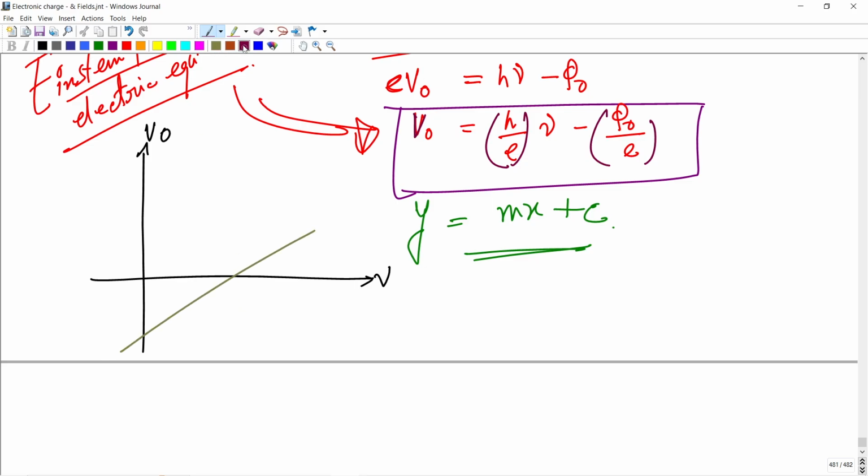The slope of this line, m, equals h by e, Planck's constant by elementary charge, a fixed value. And the intercept c is phi naught by e, the metal work function by e. That's the diagram of the Einstein photoelectric equation.